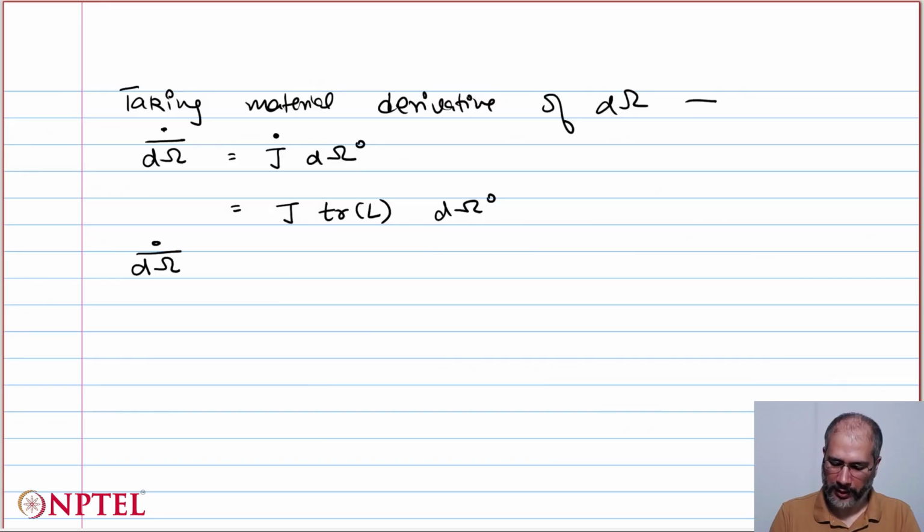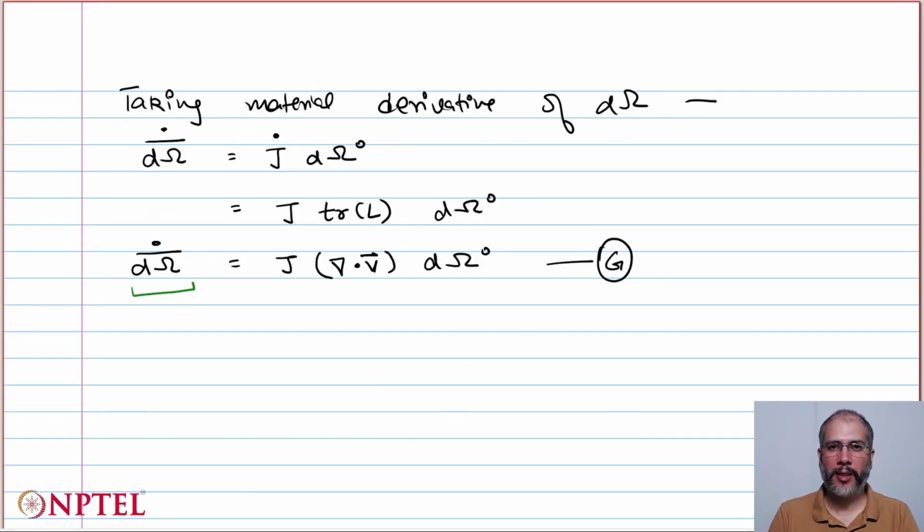So I can write the material derivative of my volume element in the deformed configuration as J times the divergence of the velocity field times d omega naught. And this I'll call equation G, because now I have a relationship between the material derivative of d omega and quantities in the deformed and the undeformed configuration. We'll also box this.